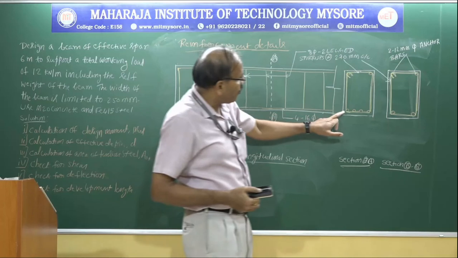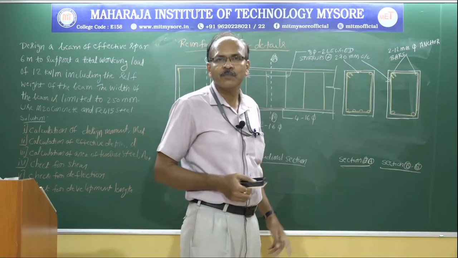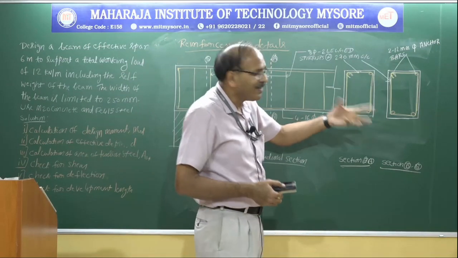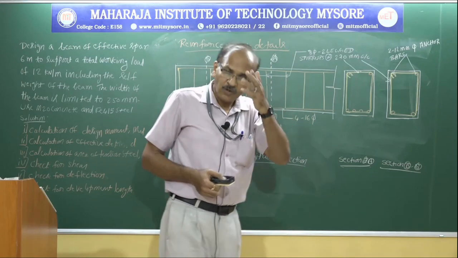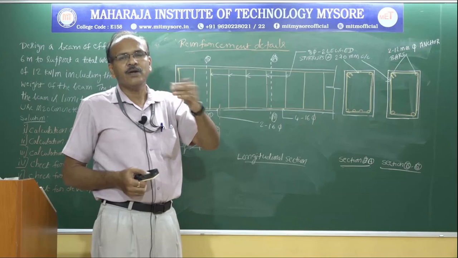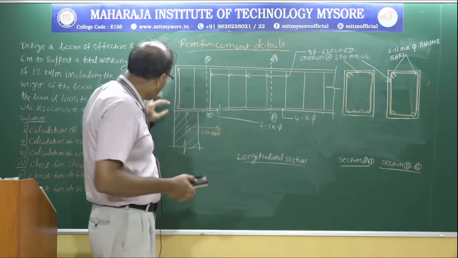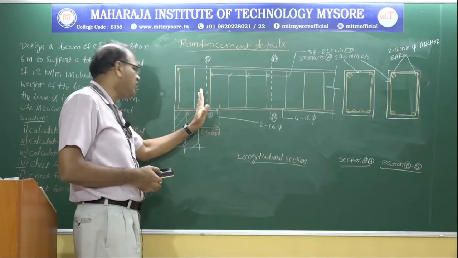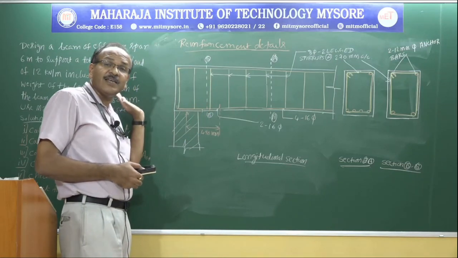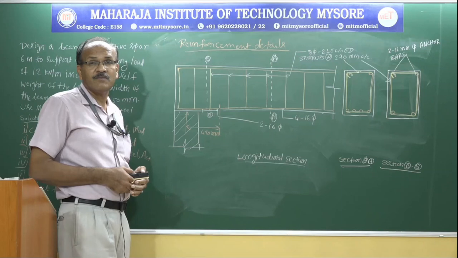So if you take 4 bars, 1/3 of 4 bars is 1.33 bars. So minimum at least 1/3, but we have continued 2 bars, that is 50% of the bars are continued and they have entered the support.